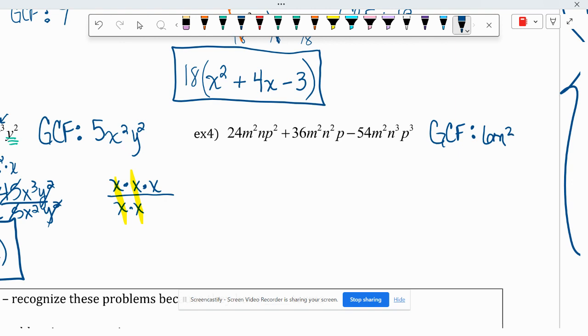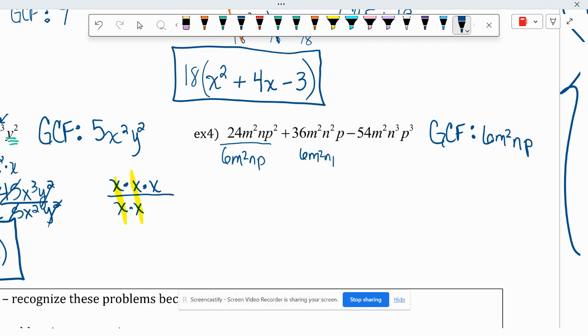What about the n? What's the smallest n power? N. So I have 6m squared n. And what's the smallest p power? P. Yeah, so that's my greatest common factor. So I'm going to divide every single term by 6m squared np.